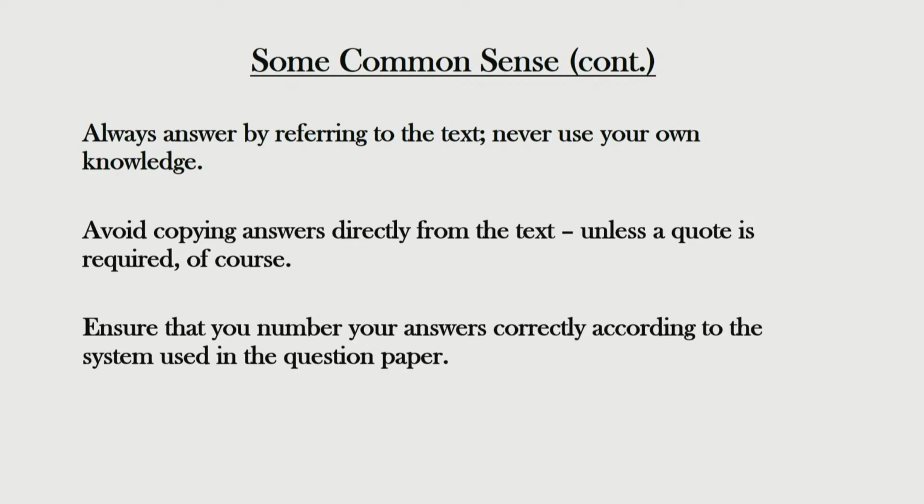So it will certainly not be awarded any marks. So please, please, please make sure that you are dead certain that your numbering is correct. I know the numbering system in the papers 1 and 2 is complex and annoyingly so, but make sure that you stick to it.